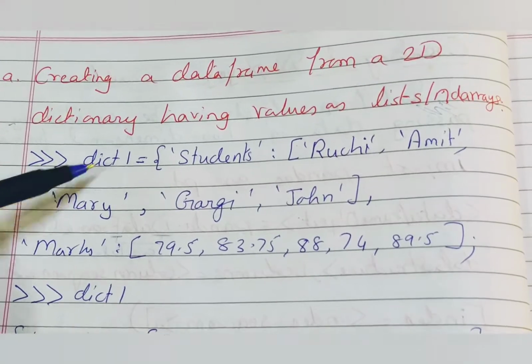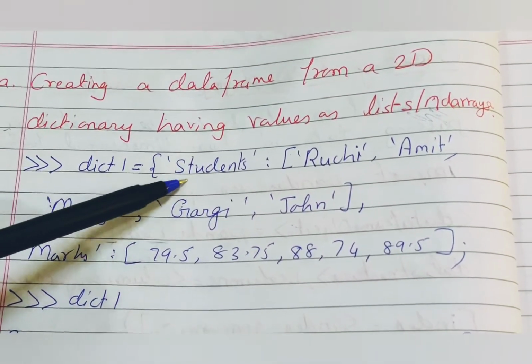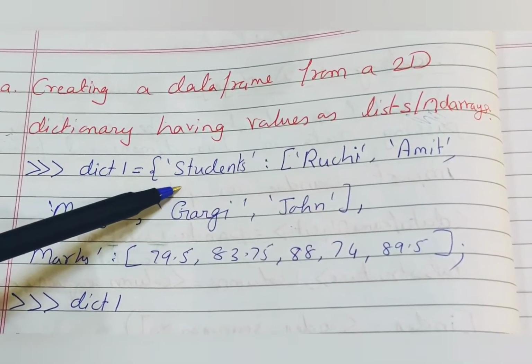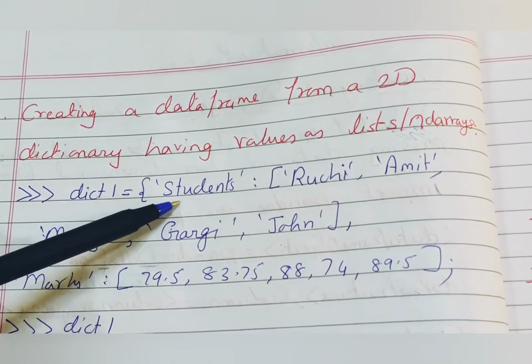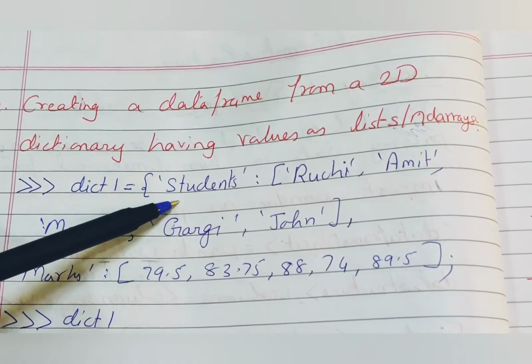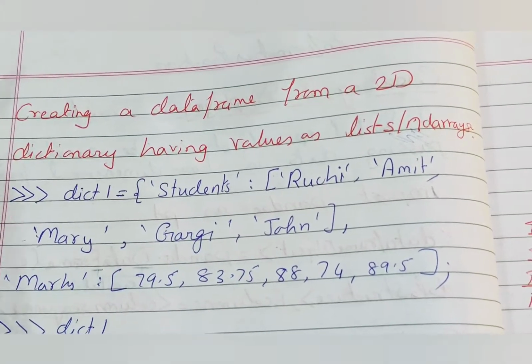Suppose this is a dictionary we will give with the curly brackets. Okay, students is the heading of the table. Ruchi, Amit, Mary, Gargi, John. These are the names.